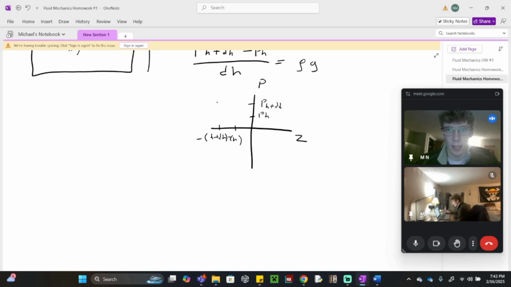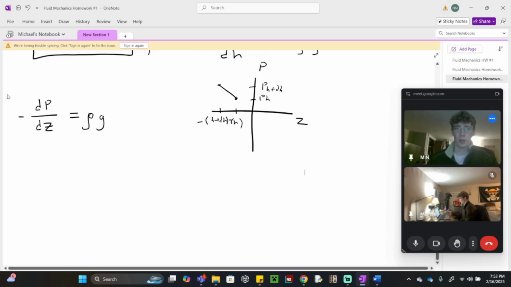We can see that there's a negative correlation between the two. So we can rewrite this term as negative dP over dz is equal to rho g.